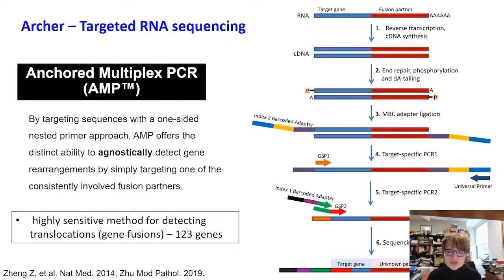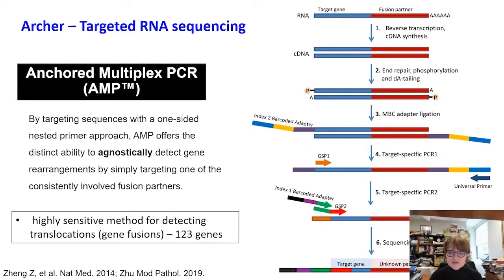So I'm going to start first with the Archer method or platform, which is a targeted RNA sequencing. This is, as I mentioned, an ideal method to pick up gene fusions or translocations that are obviously relevant to epithelioid hemangioendothelioma. The diagram of the actual method is illustrated here on the right-hand side.